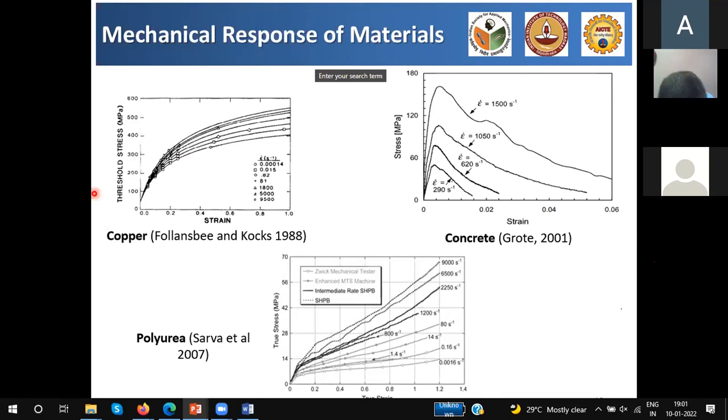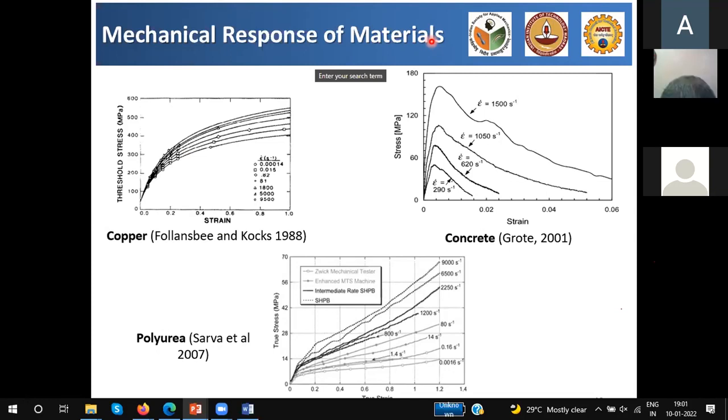If you take a material like concrete, not only the post peak behavior changes, but the initial modulus itself keeps changing, and you have different strengths that are achieved depending upon the type of loading rate that you have here.